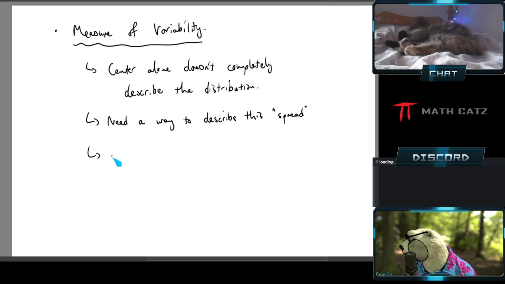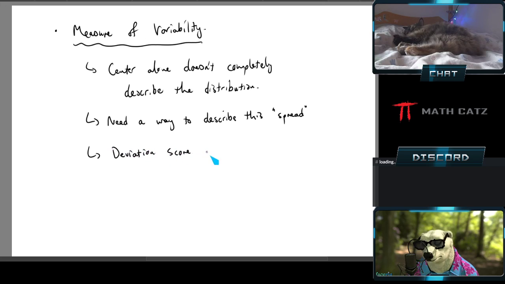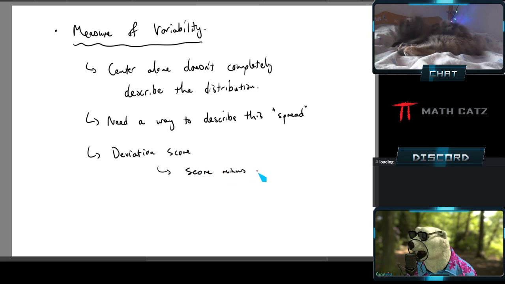We can do that by deviation. What is that going to imply? That simply is going to be, I take my score and I subtract the mean.